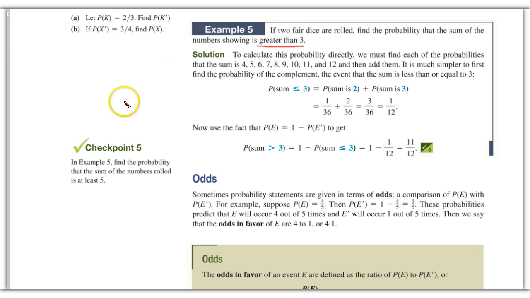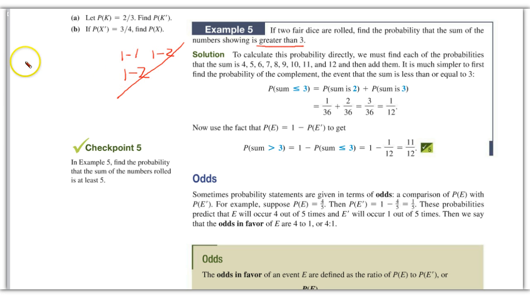Well, if you look at that chart we had of the various outcomes, we can have a 1 and a 1, a 1 and a 2, a 2 and a 1 this way. So there are only 3 possibilities when you roll a set of dice that there's going to be sums that are less than 3, as we see here.